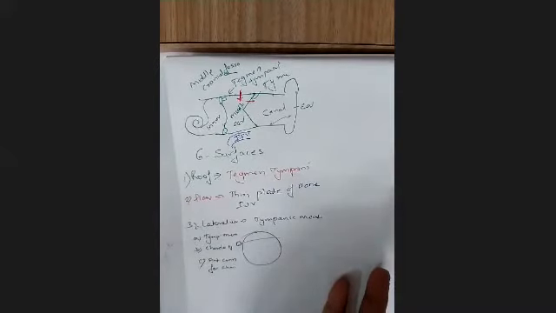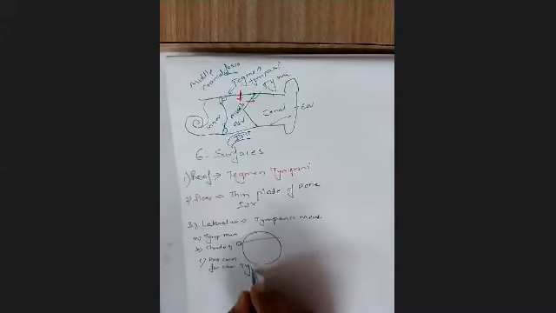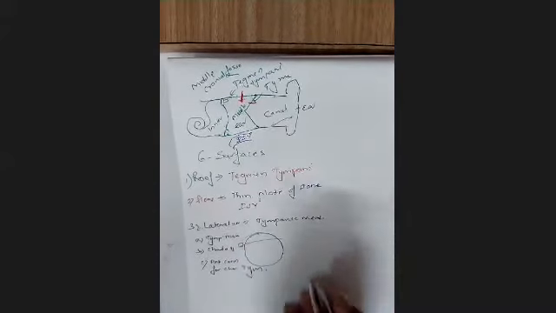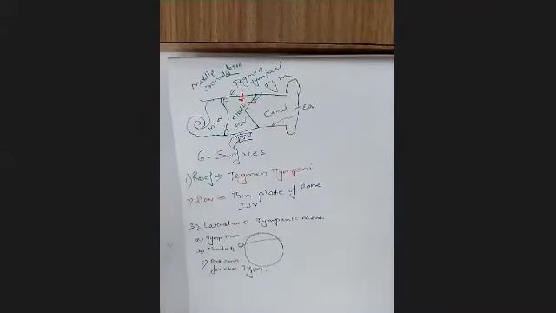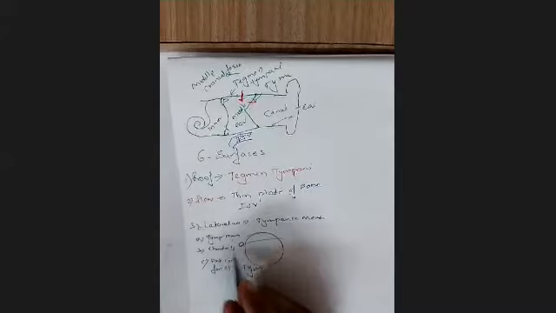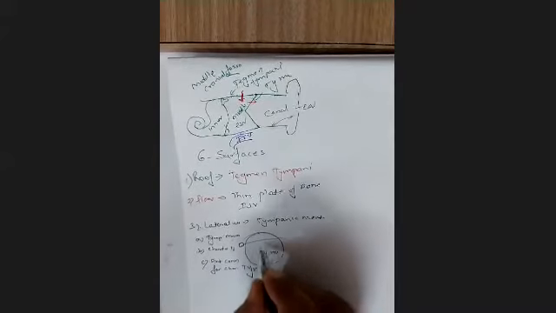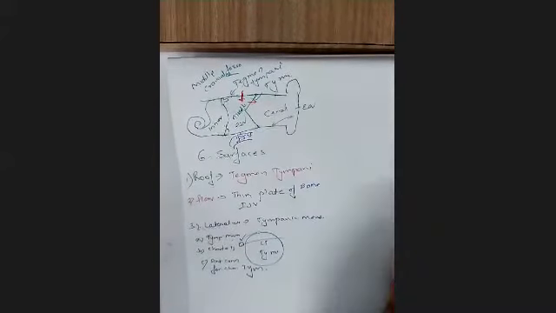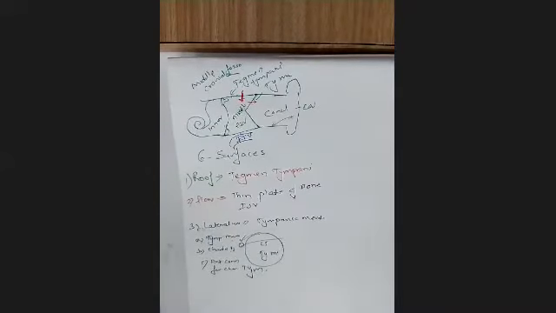Posterior canaliculus will come in the posterior wall. Also there is the petrotympanic fissure.